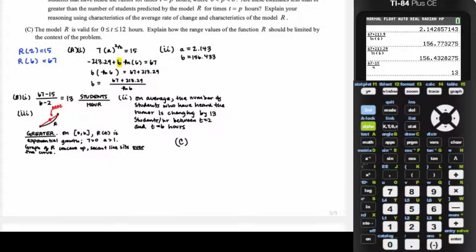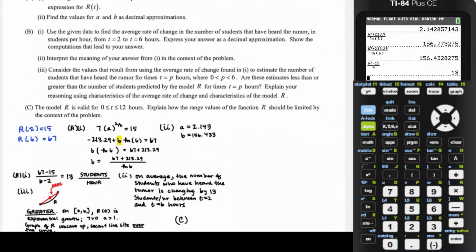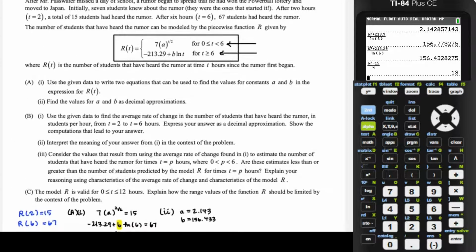I don't know what we're saying about 0 to 12. I'm going to plug in 12 and just see what I get. I didn't store this, but negative 213.29 plus, we found b to be 156.433, natural log of 12, right?